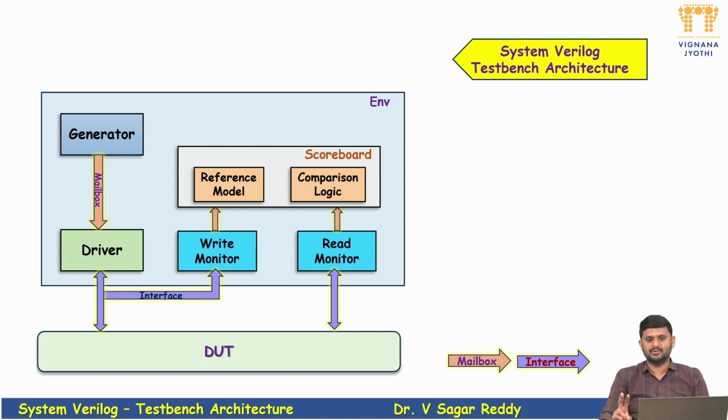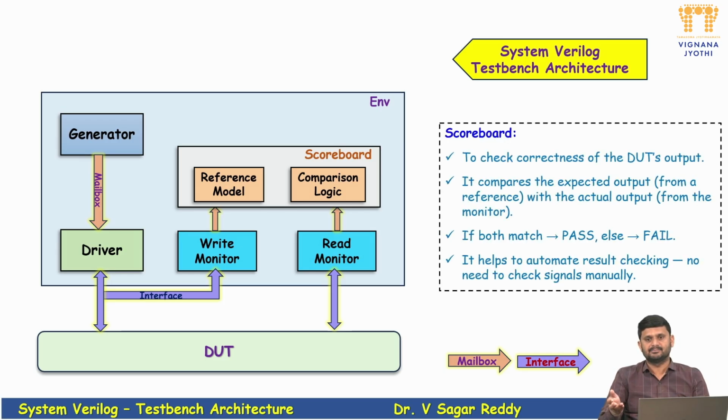The next one is the comparison logic. This block receives two inputs: the expected output from the reference model, and the actual output from the read monitor, what the DUT really produced. It compares them, and if they match, it reports pass, and if they do not match, it reports fail and logs exactly what was expected versus what was received. Why is this so powerful?